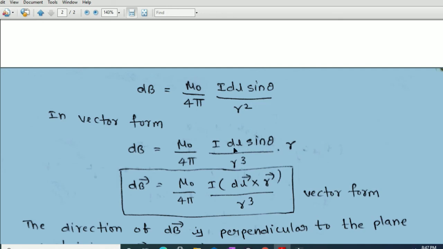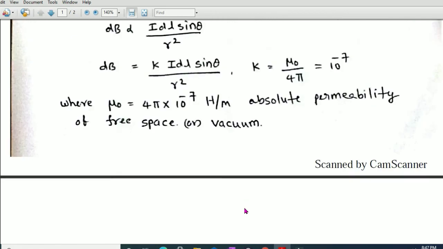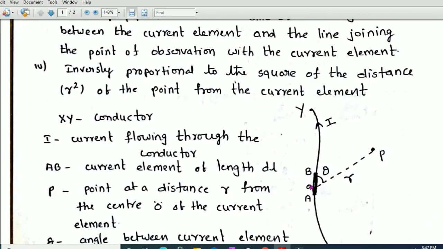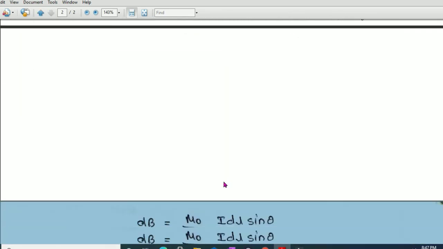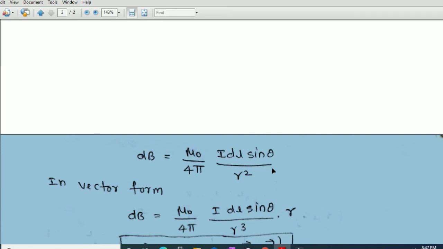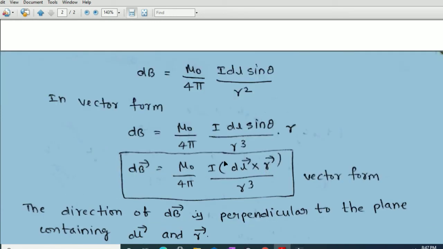This can be written as dl bar cross r bar. This is the vector form of the magnetic field at point P due to the length element AB. Due to the length element AB at point P, the magnetic field is given by mu naught by 4 pi I dl sin theta by r squared. In the vector form, it can be expressed like this.